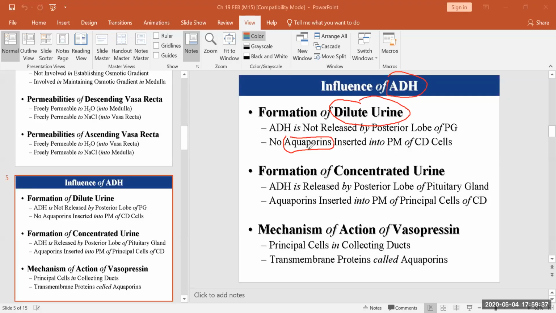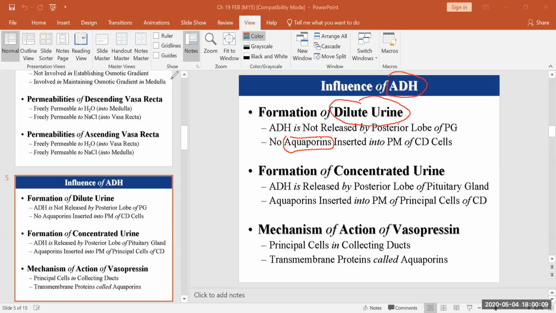Aqua means water, porins means pores. So these are water pores that get inserted into the plasma membrane and allow water to leave urine. We're talking about a collecting duct here. So the water in your urine will leave the collecting duct through the aquaporins and get back into the renal medulla. Okay?